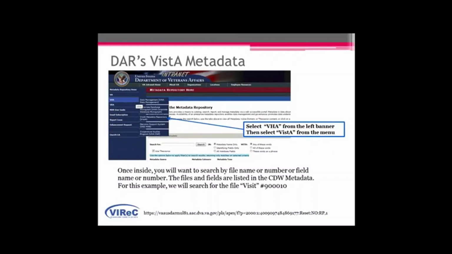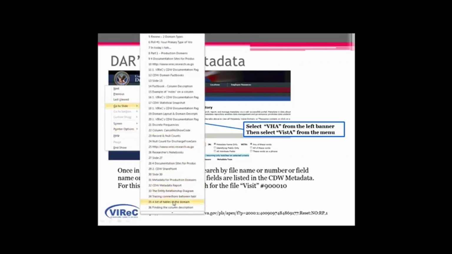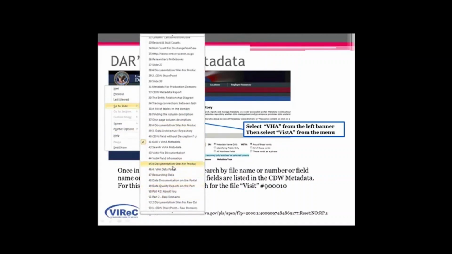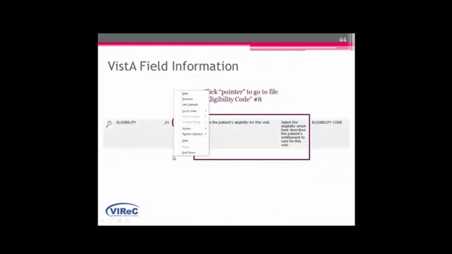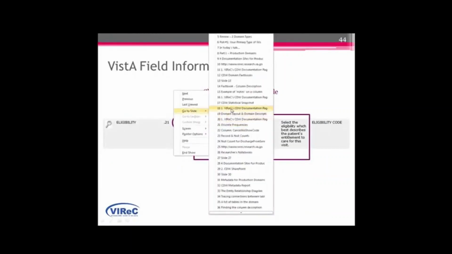Is the raw data technically more up-to-date than the production data? No, the production data is pulled in every single night. The raw domains of data are pulled in on different schedules. So from the CDW SharePoint site, when you see that list of tables among the raw domains, you can see the update schedule is part of the report on the CDW SharePoint site.